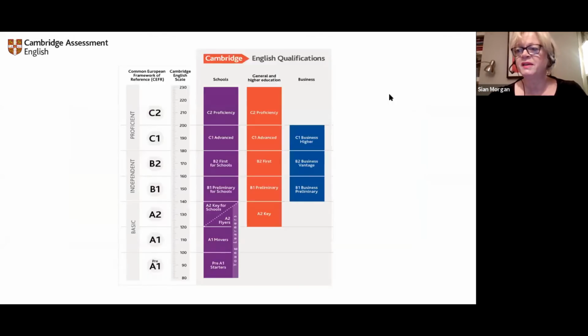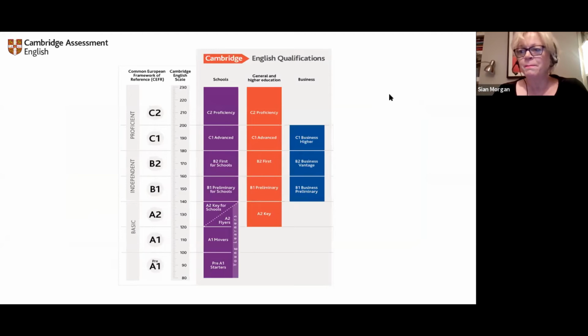Now then, this chart makes the progression as well as the different contexts clear. So we offer exams specifically aimed at learners who are still at school, who are in higher education, or need general English, and we also provide exams for those who need English for work.